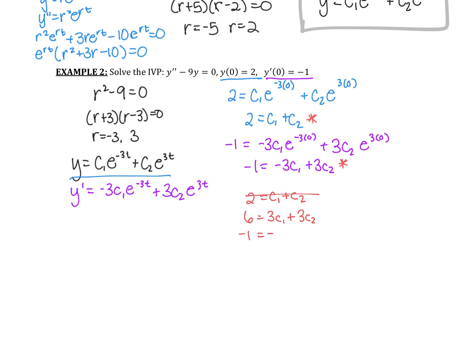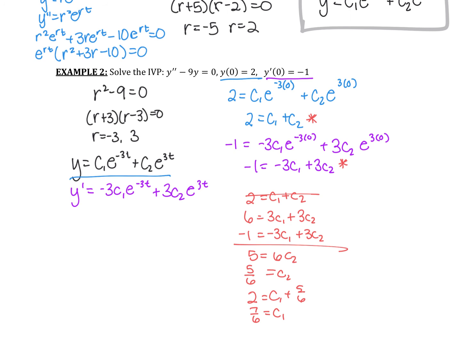And negative 1 equals negative 3C1 plus 3C2. So we end up with 5 equals 6C2, which means C2 equals 5/6. And then 2 equals C1 plus 5/6. 2 is 12/6 minus 5/6. So C1 equals 7/6.